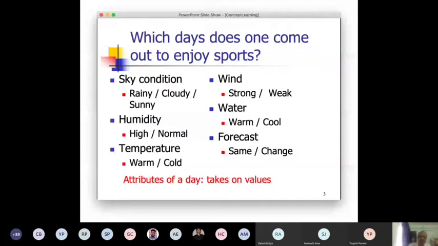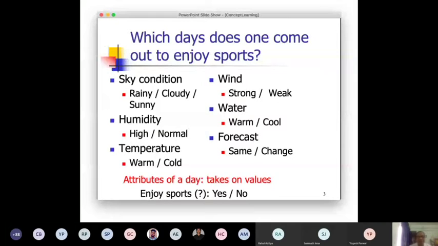Let us understand the context for which this description is there. What we need to find out is whether a person enjoys sports or not. Enjoying means either the person participates in a sports event, or watches sports by going to the stadium. That means it's an outdoor activity we are considering, and whether the person comes out of their residence to participate.